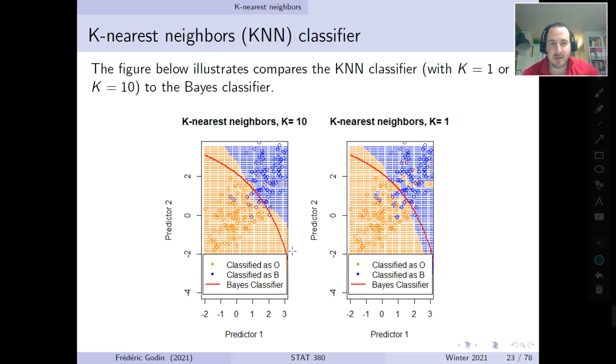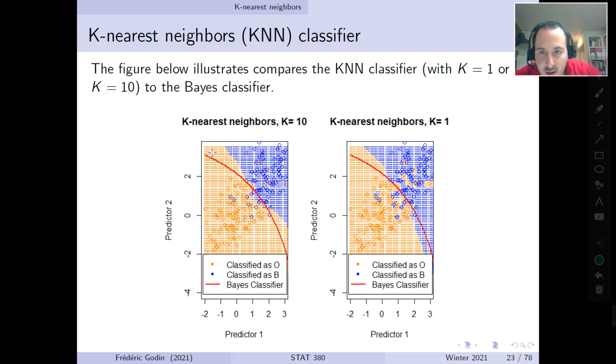Now what happens if we use the k equal to 10 nearest neighbors method? Here all the dots that were plotted represent the class which is predicted for each value of the predictors.